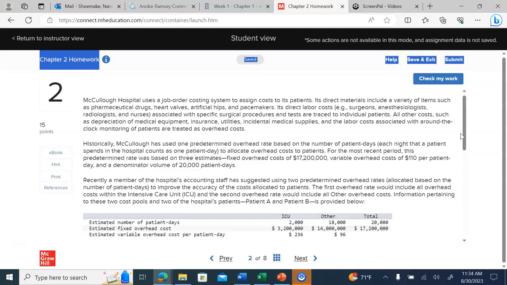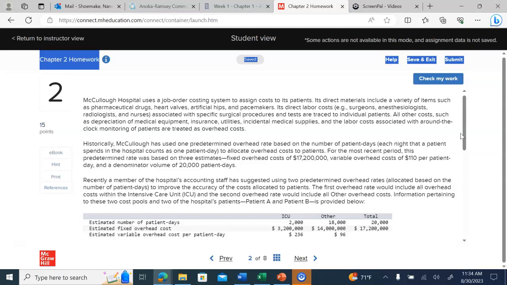All other costs, such as depreciation of medical equipment, insurance, utilities, incidental medical supplies, and the labor costs associated with around-the-clock monitoring of patients, are treated as overhead costs.